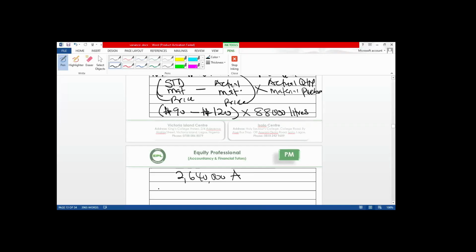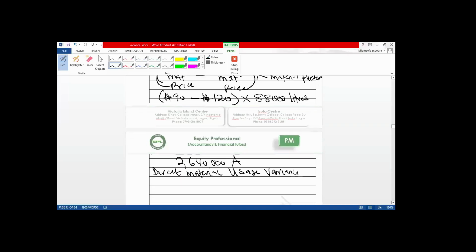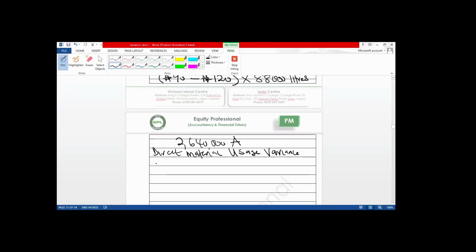We now go to direct material usage variance. Remember the formula.